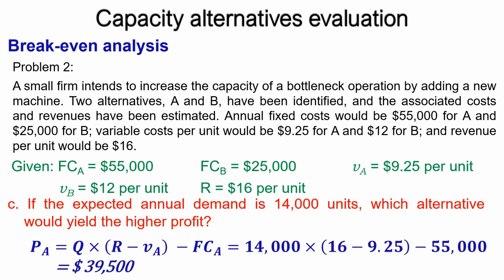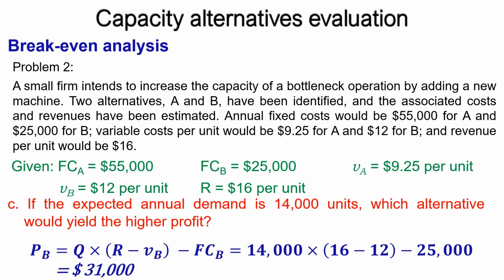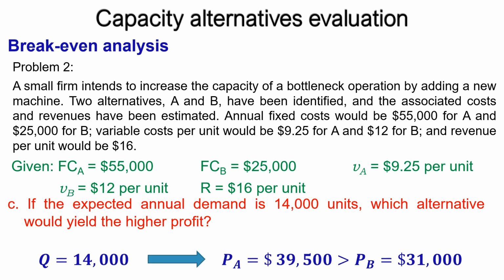PA equals 14,000 multiplied by 16 minus 9.25 all minus 55,000 equals $39,500. While PB equals 14,000 multiplied by 16 minus 12 all minus 25,000 equals $31,000. So, at Q equals 14,000 units, alternative A yields a higher profit.